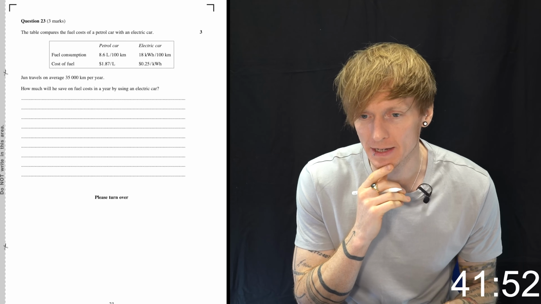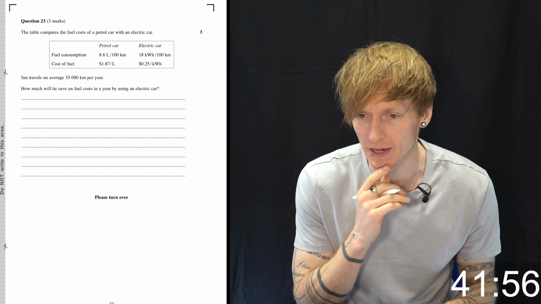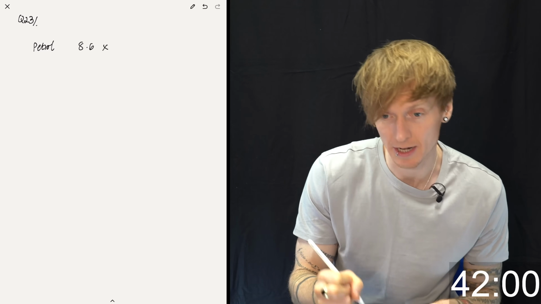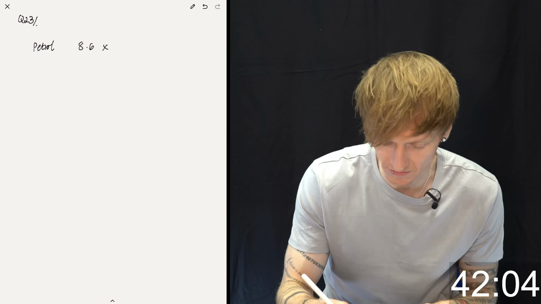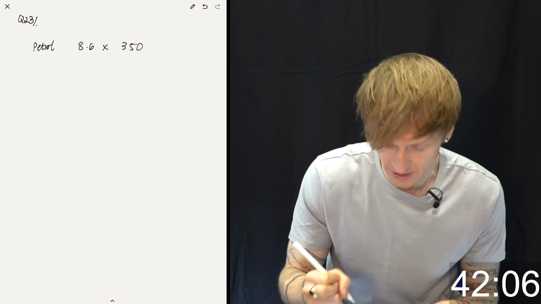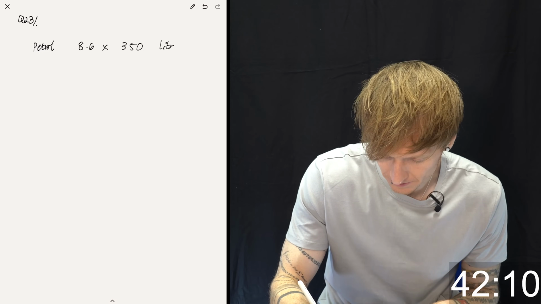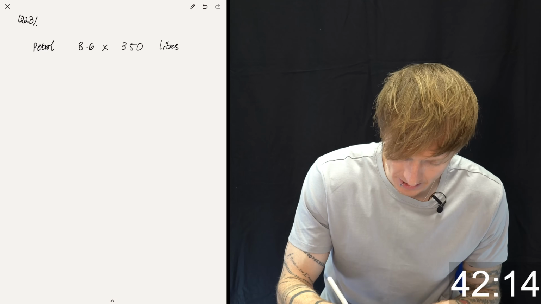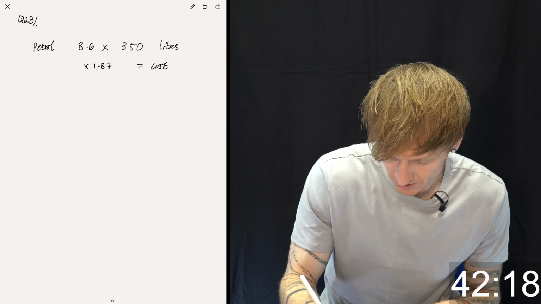So it's 8.6 litres per 100 kilometres. So we need to do 8.6 times how many lots of 100? He's doing 350 lots. And that's the total of litres. And then you multiply that by $1.87, and that gives you the cost.